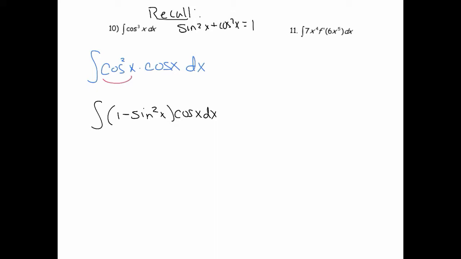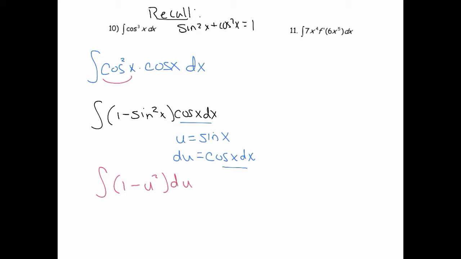So I'm going to let my u be sine of x. See what happens there. If u is sine of x, then du would be cosine of x dx. And you can see how nicely that's going to work out for us. So this becomes the integral of 1 minus u squared du, and cosine x dx is just du.